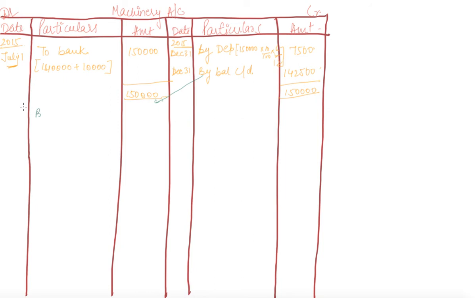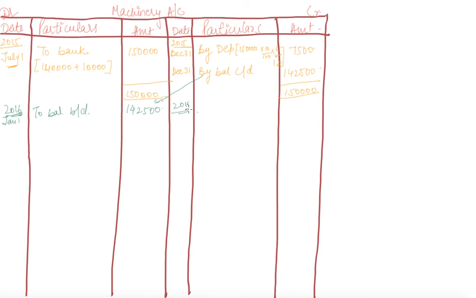That is, to balance b/d amount rupees 1,42,500, right? On which date? January 1st, 2016. It means your second year has started.